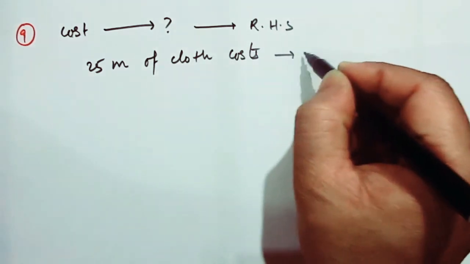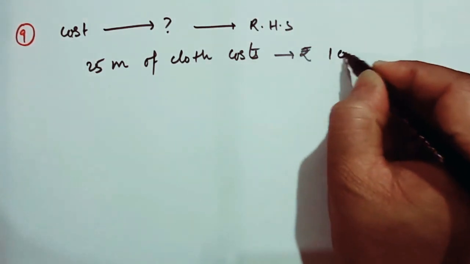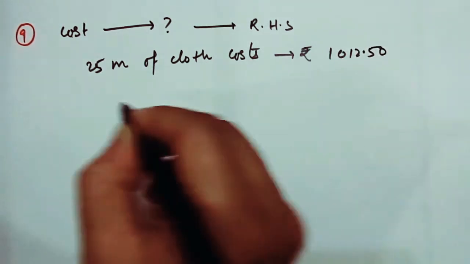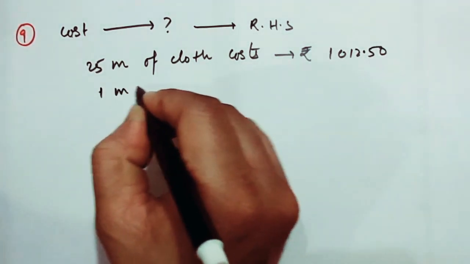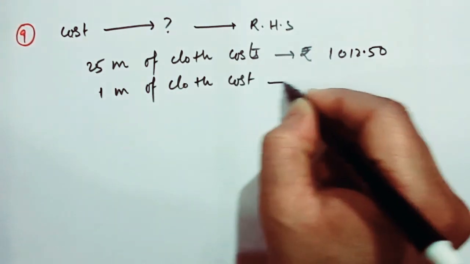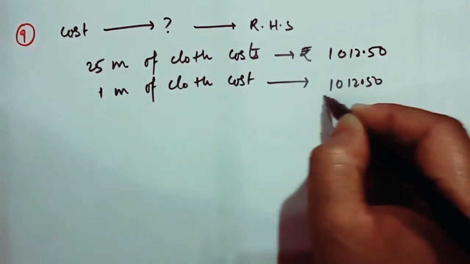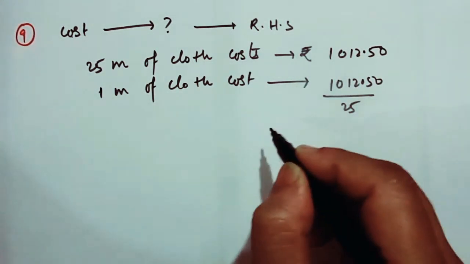costs rupees 1012.50. So 1 meter of cloth will cost how much? Of course, less, divided by 25.